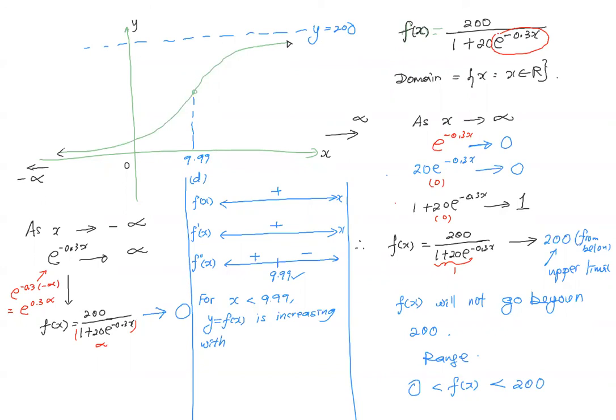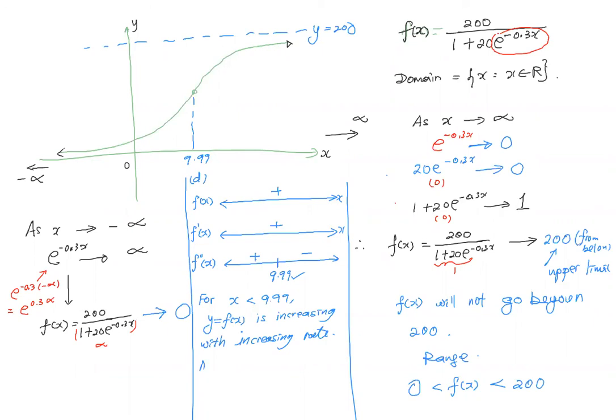Increasing rate, because the graph becomes steeper. So there's no stationary point, so I don't have to stop at a stationary point. So that is how we describe.